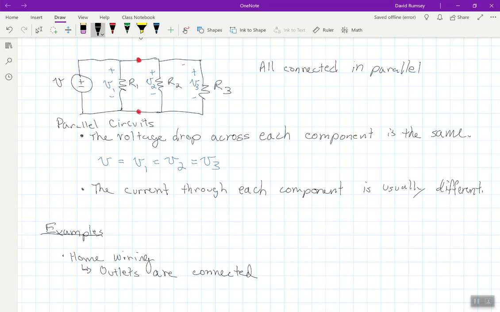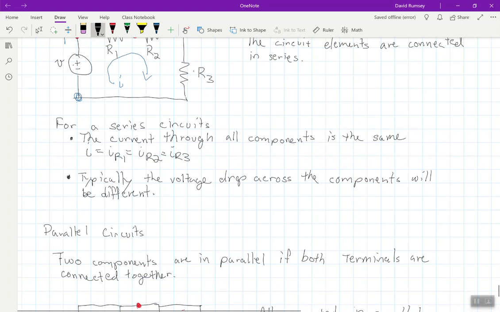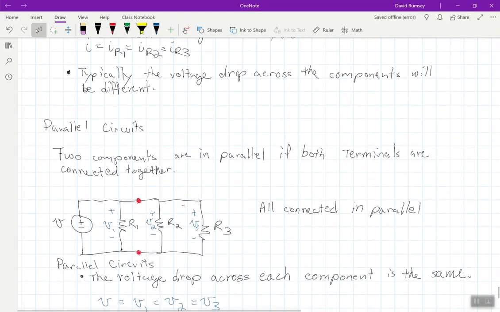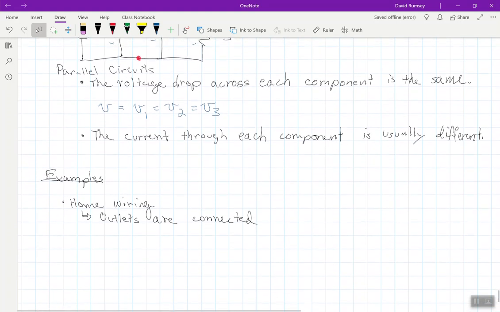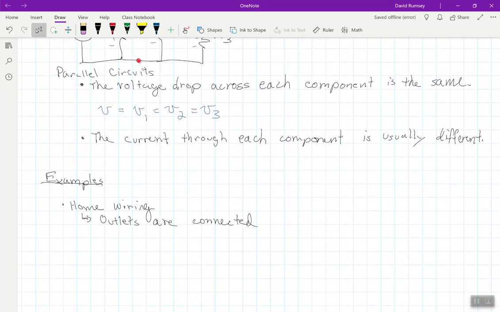And actually, for the old incandescent light bulbs, the easiest way to model an incandescent light bulb is with a resistor. So we plug it in there and we get some voltage dropping across there. But we know that the voltage is the same, so if I had to guess whether it's parallel or series, I would guess parallel, because that's the only case of these two configurations that we talked about, and that is correct. Outlets are connected in parallel.